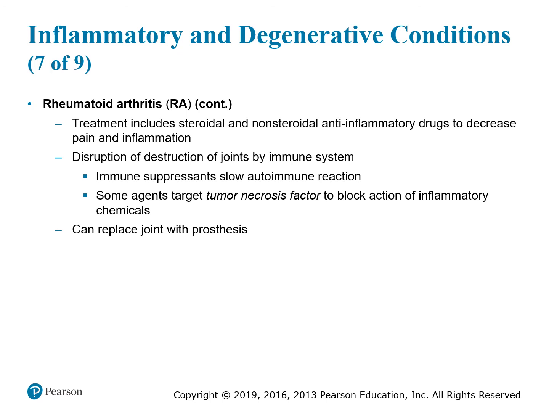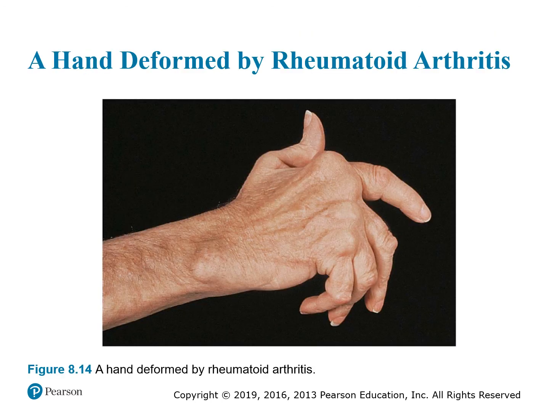Immune suppressants will slow the autoimmune response, and some agents that target tumor necrosis factor to block the action of the inflammatory chemicals are promising. And the joint can be replaced with a prosthetic. Here's a picture of a hand that's been deformed by rheumatoid arthritis, or RA.